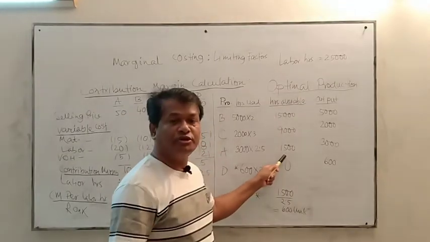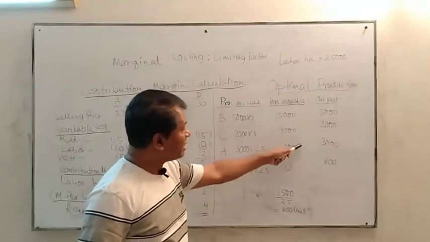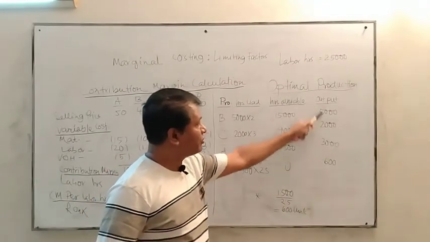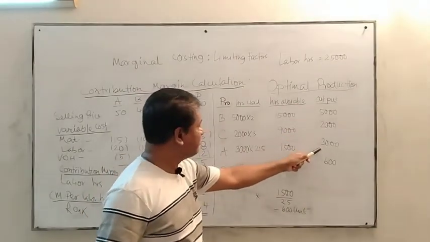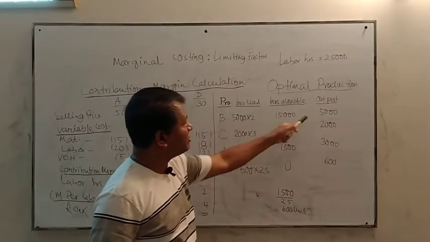So that is to be used for production of D. This hour is required for production of D, and the output is 3,000. This 3,000 comes from this: 3,000, this 2,000 was 2,000 and 5,000 over 5,000.